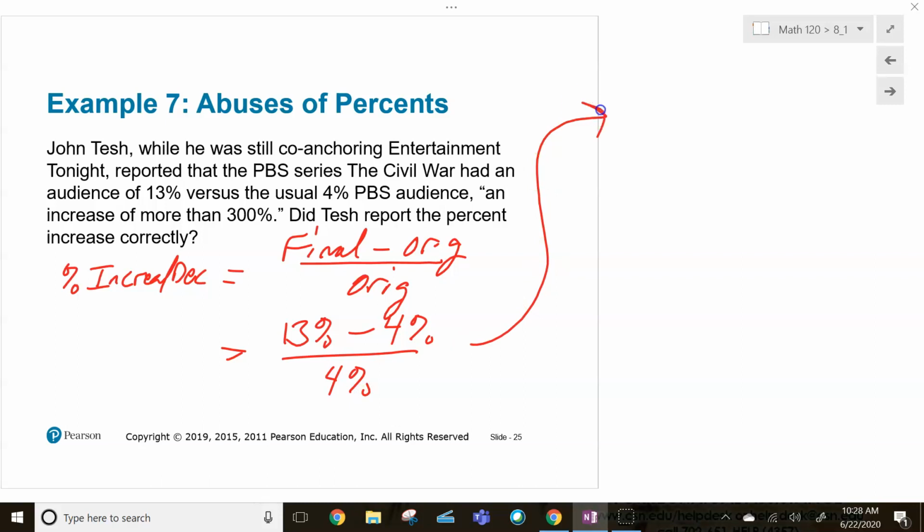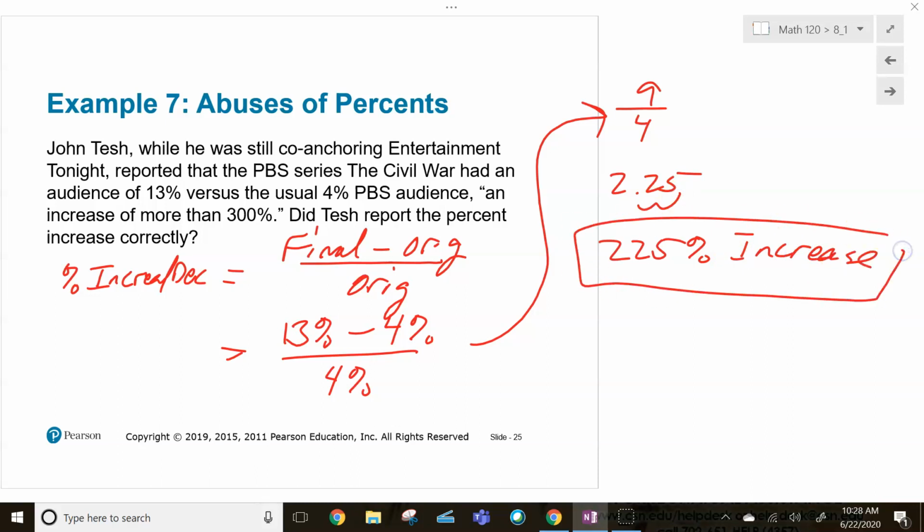So this ends up being 9 over 4, which is 2.25 or 225% increase, right? Move that over twice. Not 300%, right? If you're going from 4% up to 13%, that's a 225% increase, not 300%. So that was reported incorrectly.